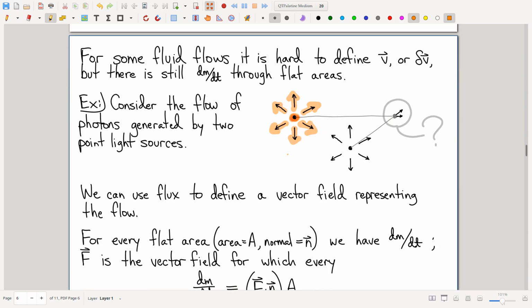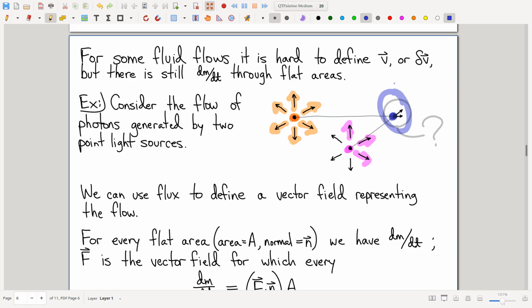Okay, so here is where things get weird, though. What if you have a second light bulb, and that's also shooting out photons in various different directions? And now let's ask the question, at that point right there, what's the velocity of the fluid?